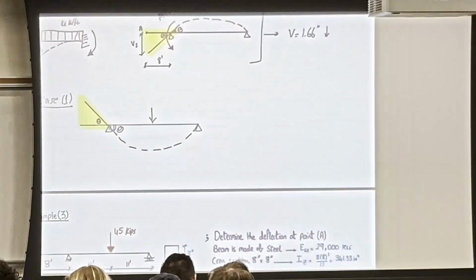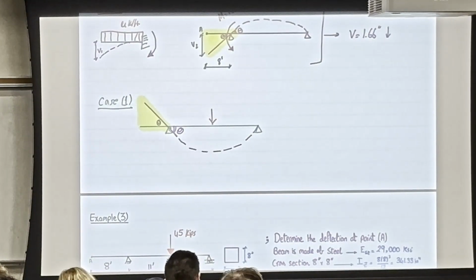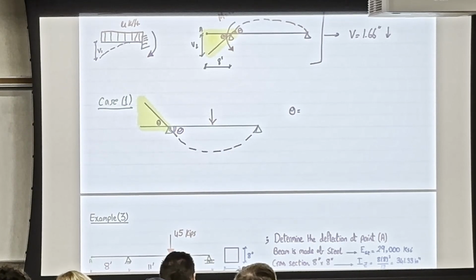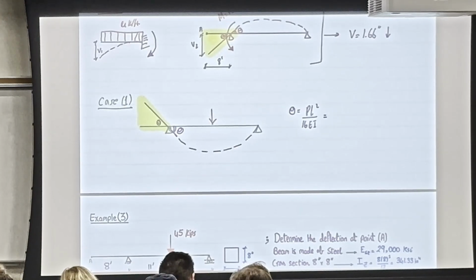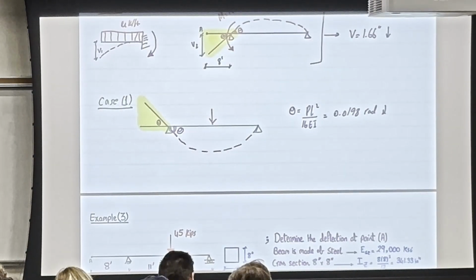Okay? Just for completeness, I'm going to give you the theta. The theta is PL squared over 16 EI. And if you substitute, you're going to get 0.0198 radians clockwise. And then you're going to take this small triangle out.